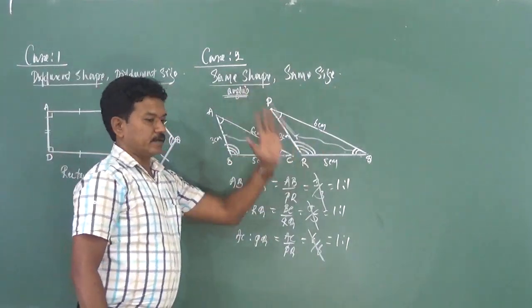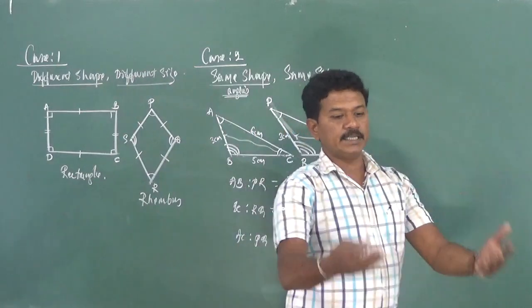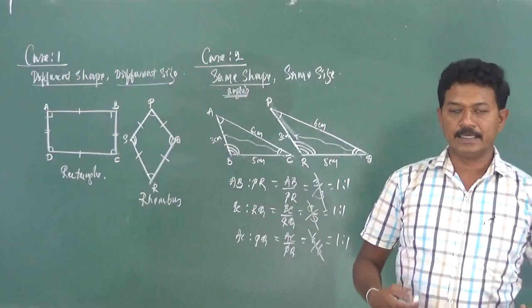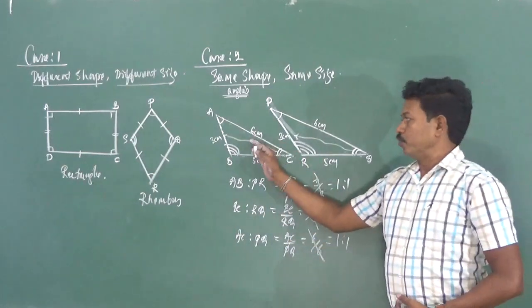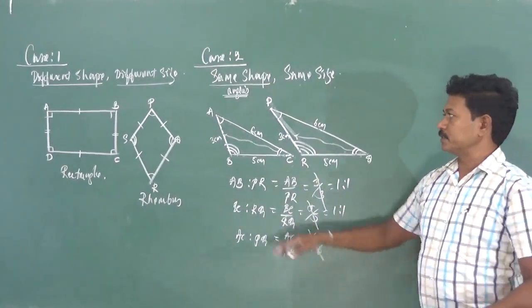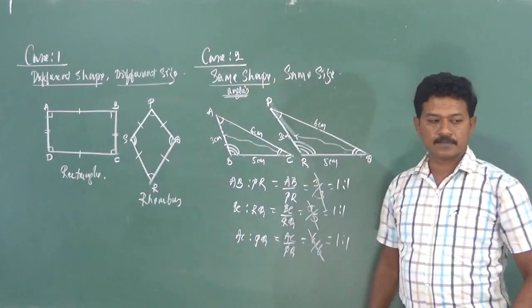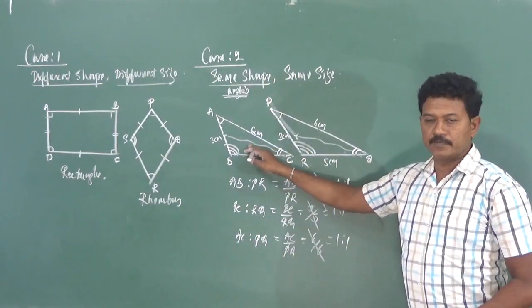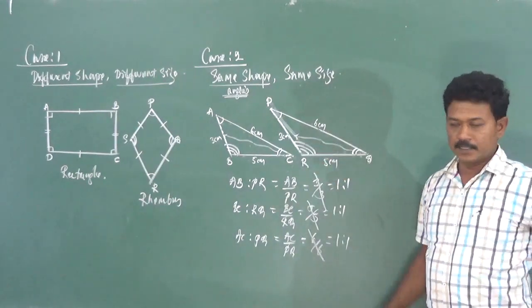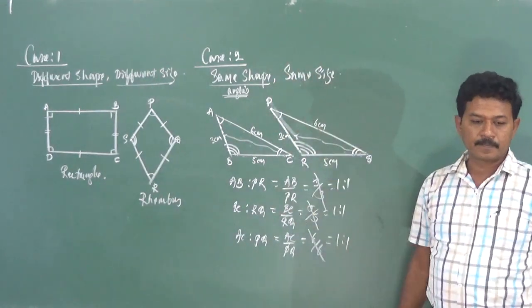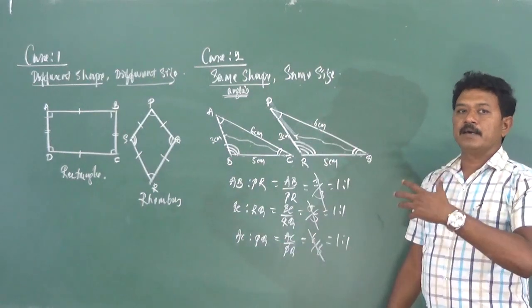So why do these two geometrical figures appear to have the same shape and same size? Both appear the same shape because the internal angles of the first figure are equal to the corresponding angles of the second figure. Why do they get the same size?